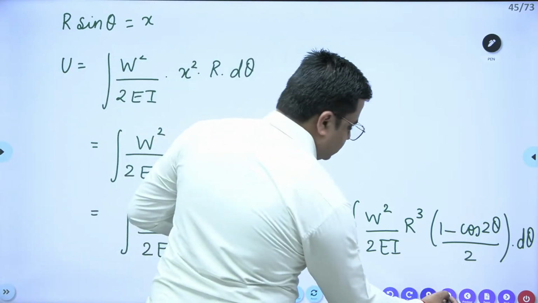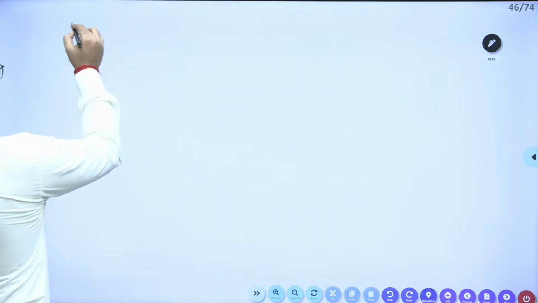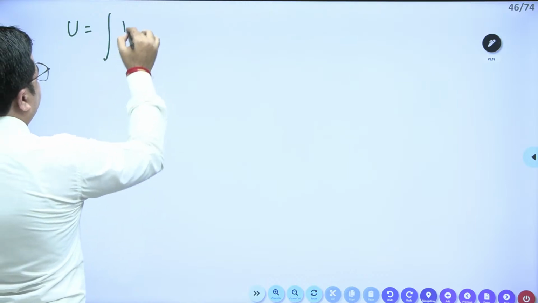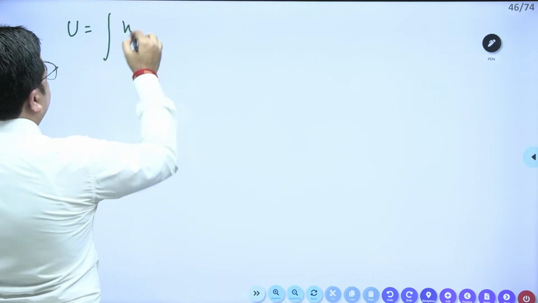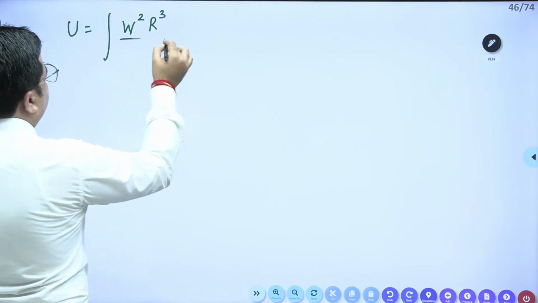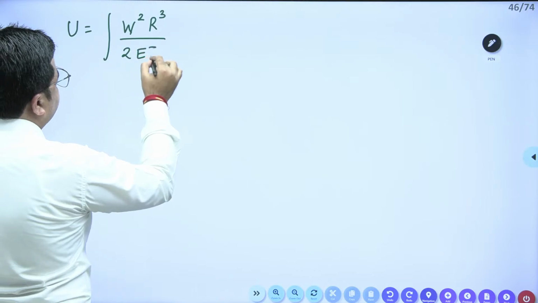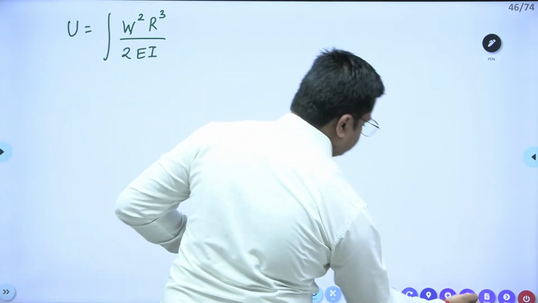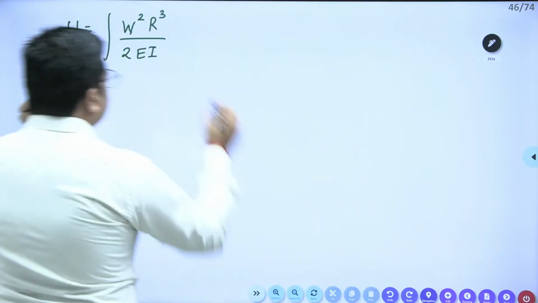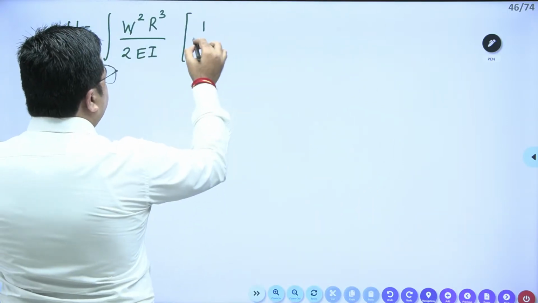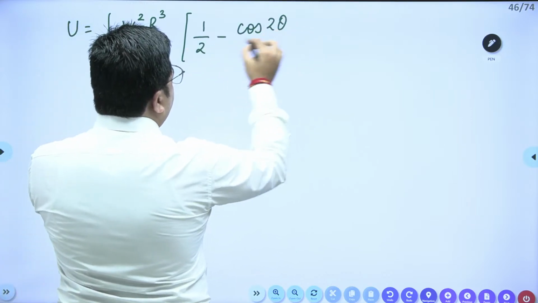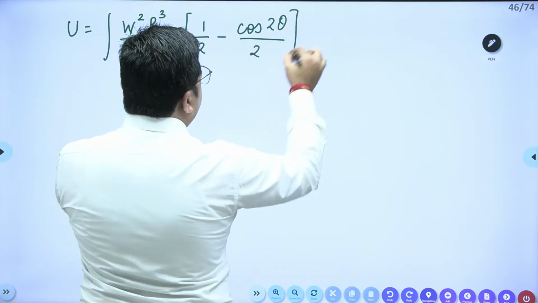So this is integration of W square r cube upon 2EI into (1 by 2 minus cos 2 theta by 2) into d theta.